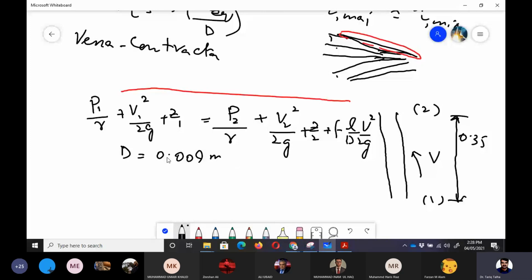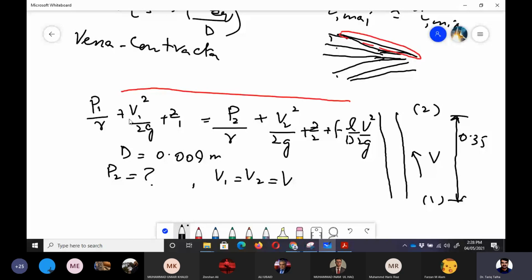Now P1 value is known, we need to determine P2 here. P2 needs to be determined. One thing we note is that because the diameter of the pipe is the same at all locations, we can say V1 is equal to V2 is equal to V, right?